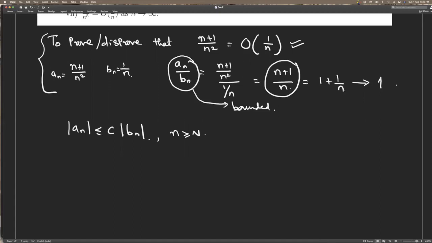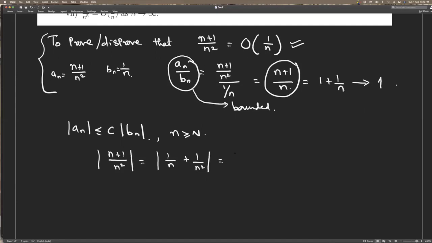It may not happen for all terms, but you just discard some finite number of terms; later onwards, it should happen. That's what we are demanding. But again, this is very easy. You can check this. An is (n plus 1) by n square, and that is equal to 1 by n plus 1 by n square.